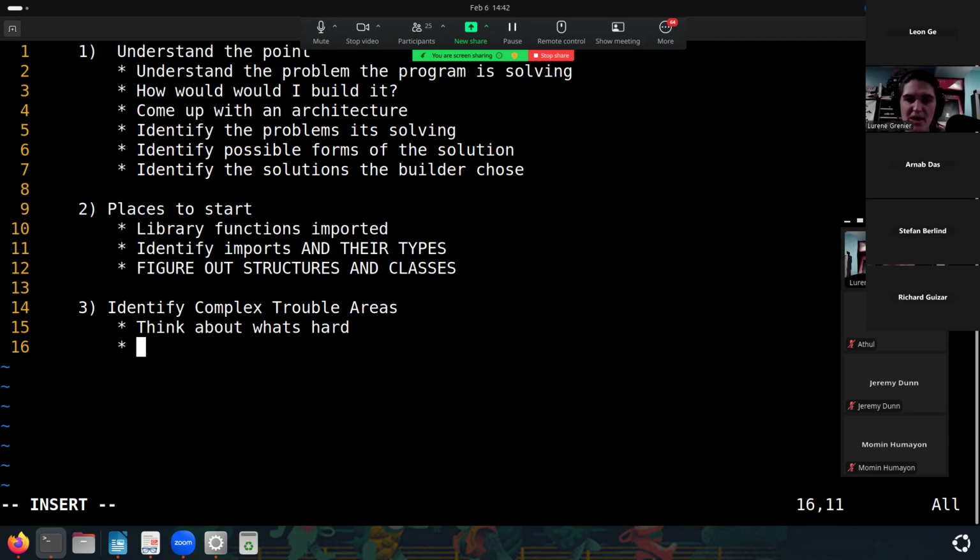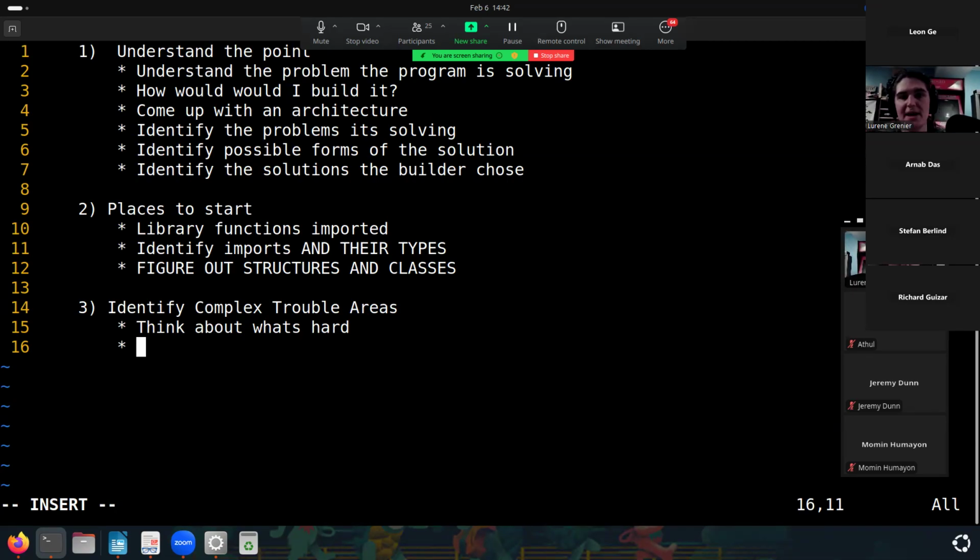Right? You can think about what's hard. Where have I seen bugs? Where have I screwed up writing code? And then you can go and look specifically at those places, right? Having identified the solutions allows you to do this.